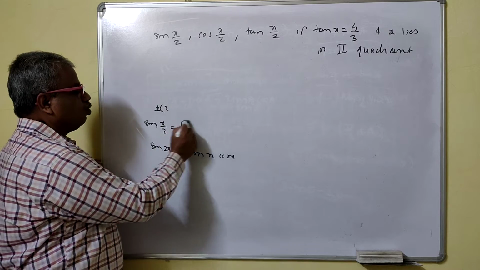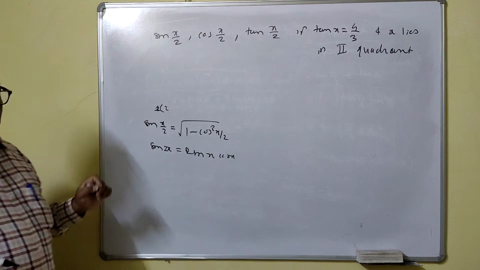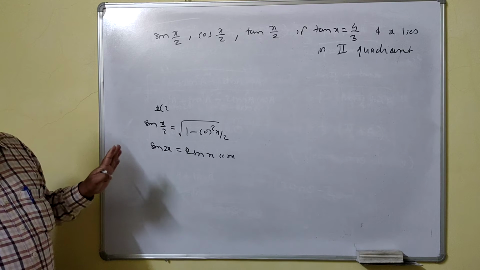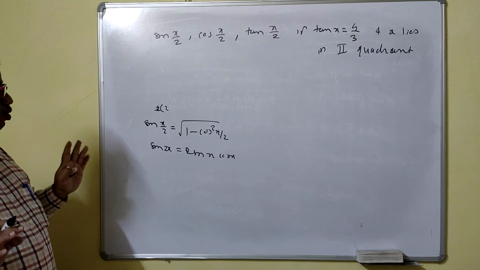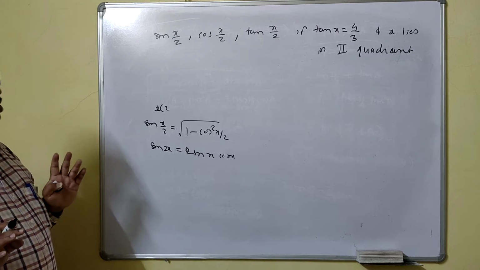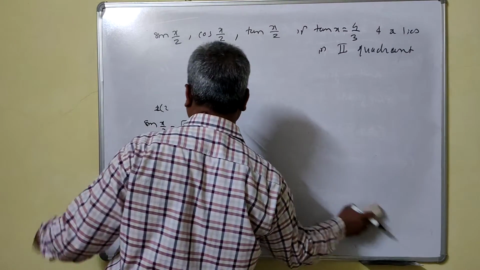Sin x by 2 is root of 1 minus cos square x by 2. So if you get sin x by 2 or cos x by 2, easily you can obtain this. Our problem is to find the value of only sin x by 2 or cos x by 2. Anyhow, okay.